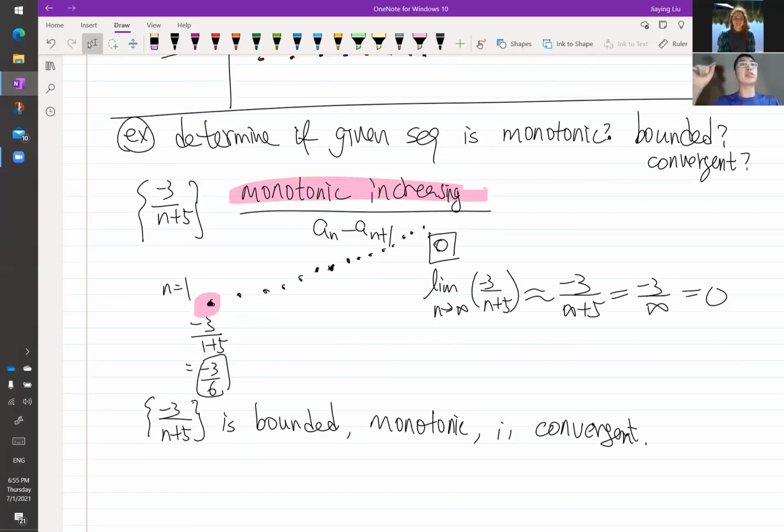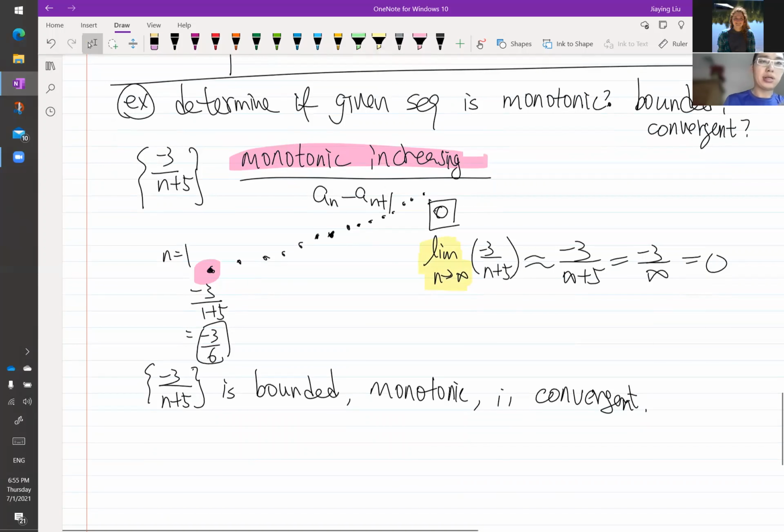So I took the limit as n goes to infinity to figure out what the biggest value is approaching, and by taking the limit, that's going to go to 0. So 0 is the upper limit it's approaching. The sequence is bounded below by -1/2 and above by 0, therefore it's bounded.